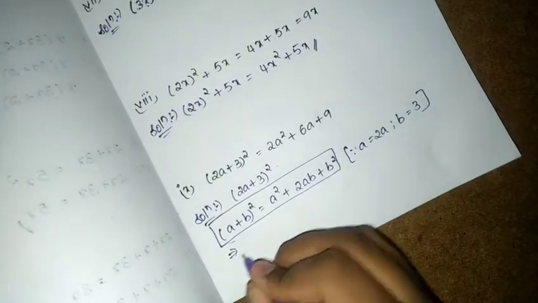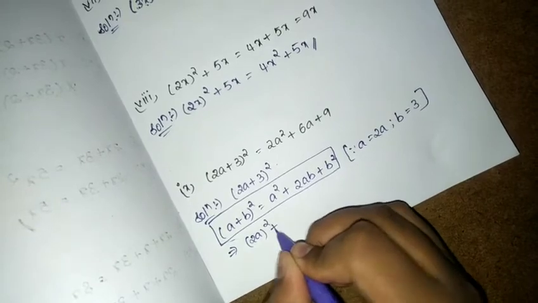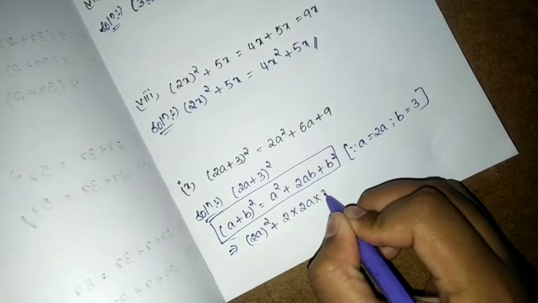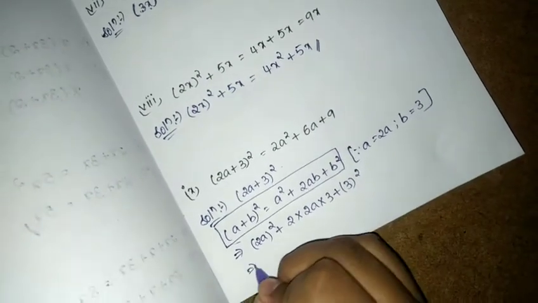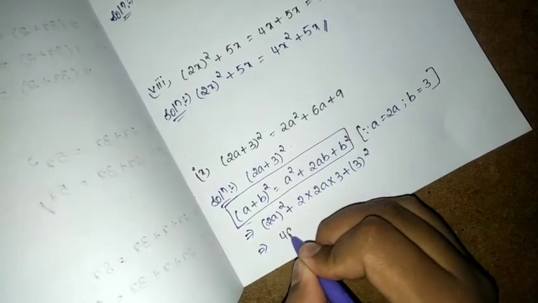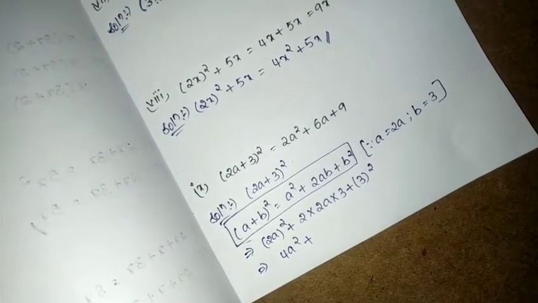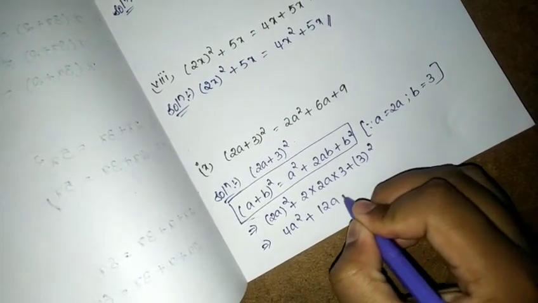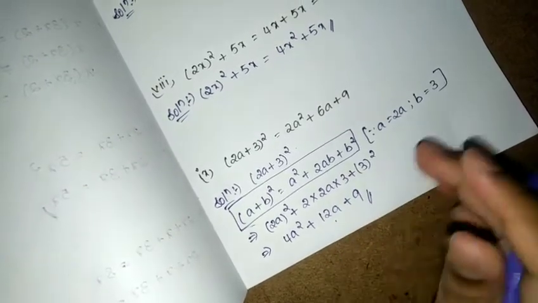So the formula gives (2a) whole square plus 2 into 2a into 3 plus 3 square. That means 4a square plus 2 fours are 8, 4 threes are 12, 12a, plus 3 threes are 9. So this is our solution.